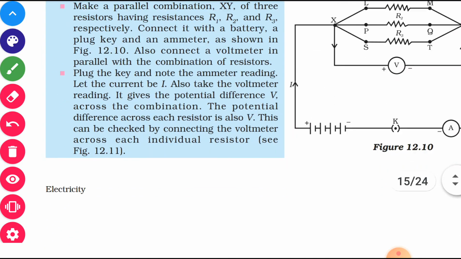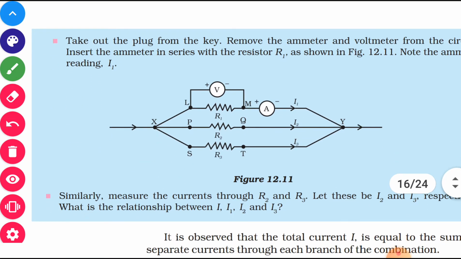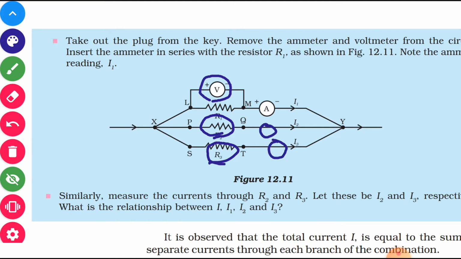The voltage across each resistor is found to be the same. For the first, say the voltage is V, then the same voltage is found across R2 and across R3, but the current in all 3 branches will be different, and that current is I1, I2 and I3 for the 3 resistors.